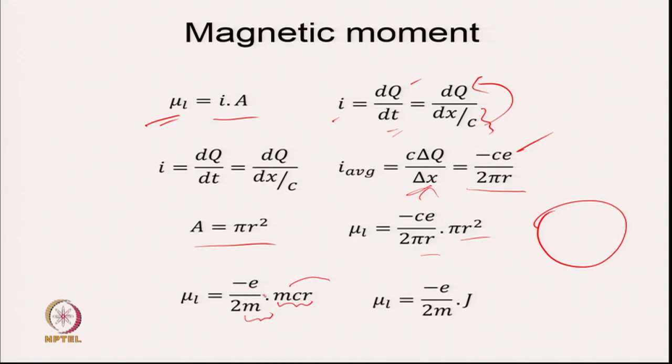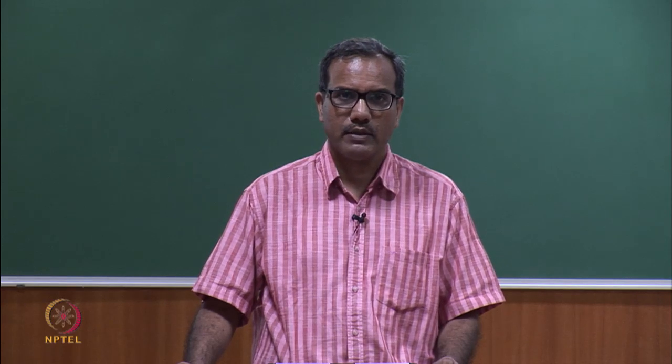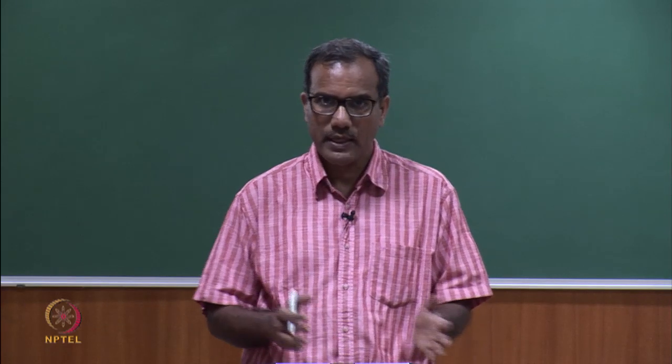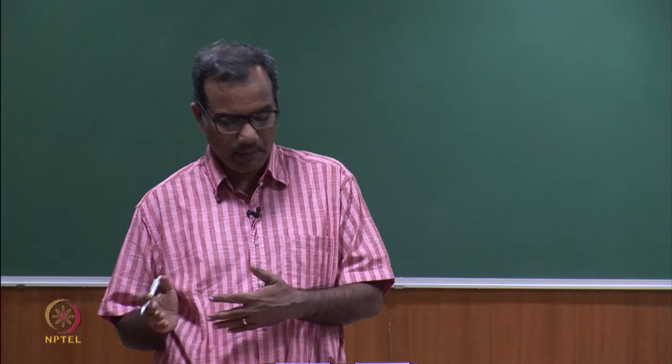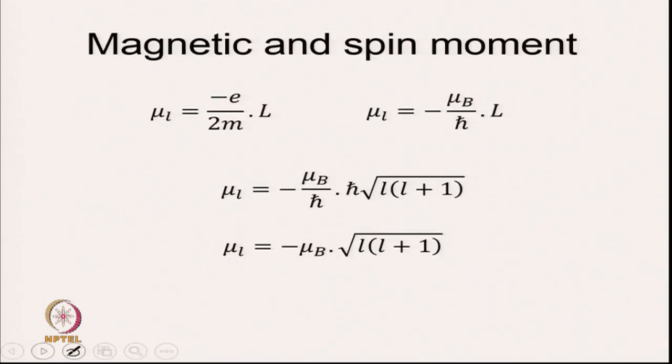So, we have minus e into m c r divided by 2 m, and this m c r is equal to the orbital angular momentum L. So, magnetic moment and orbital angular momentum are related by this equation: mu L is minus e by 2 m into L.